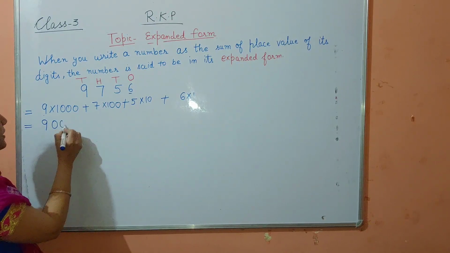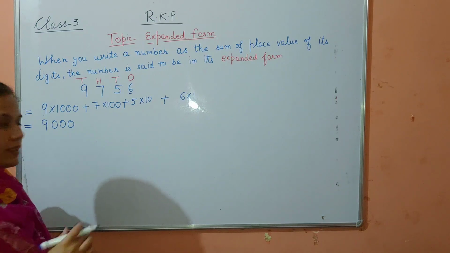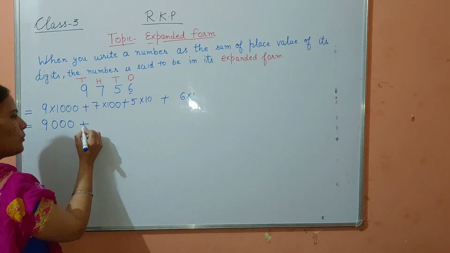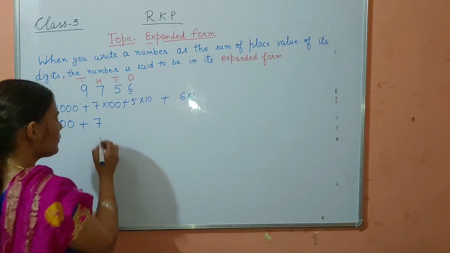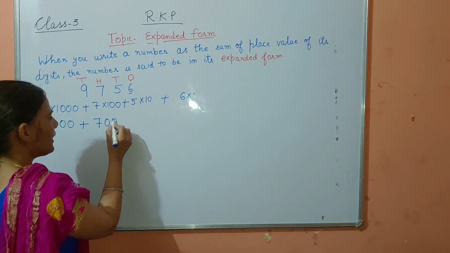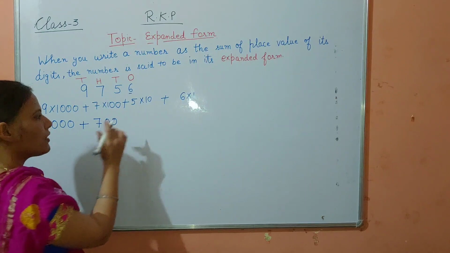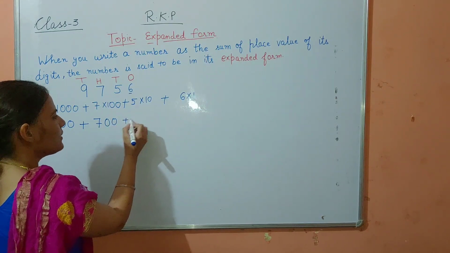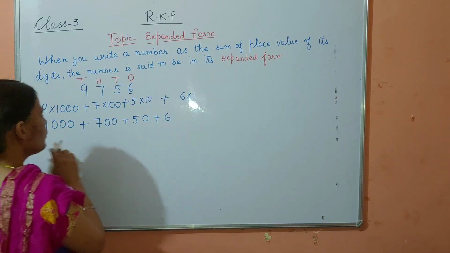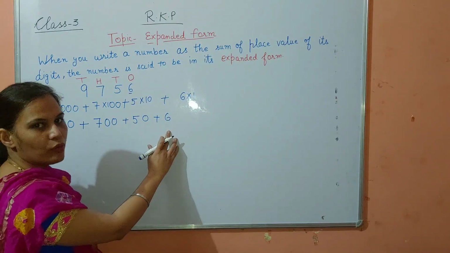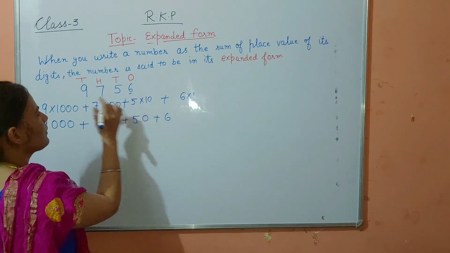Then put 3 zeros here. Similarly, a plus sign will come also. 7: how many zeros in 100? 2 zeros will come behind the 7. Now 5 into 10 is 50, plus 6 into 1 is 6. So this is the expanded form of this number.